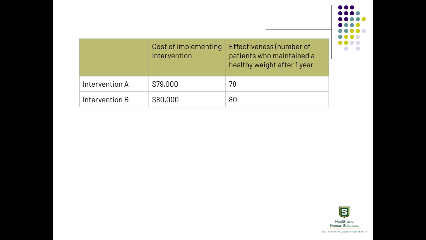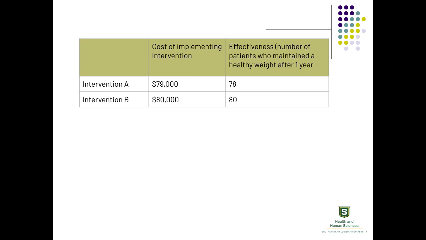For intervention B, you find that the average cost of implementing it is $80,000, and in terms of effectiveness, an average of 80 patients maintained healthy weight after 1 year.